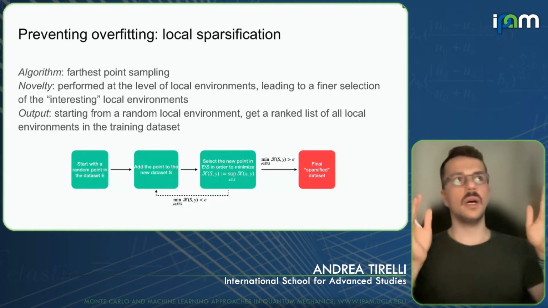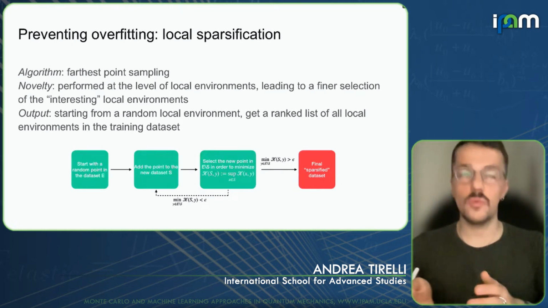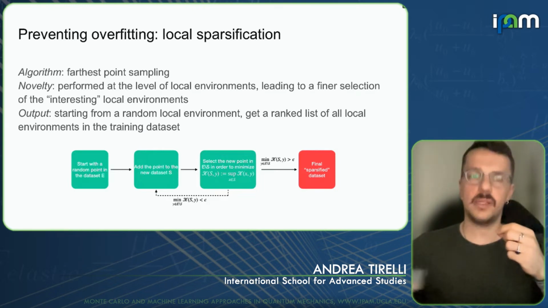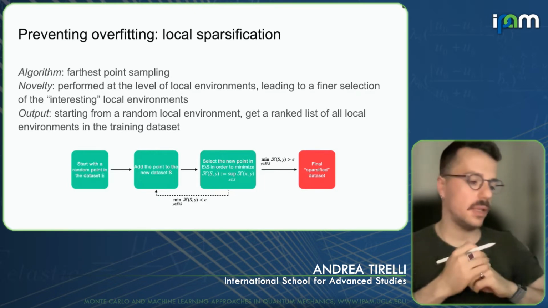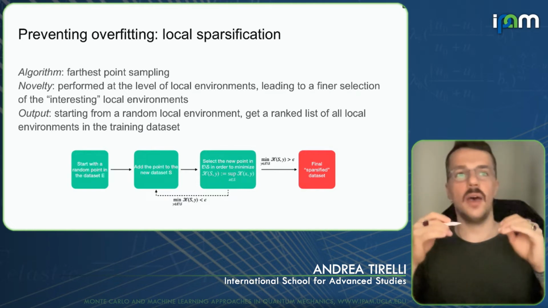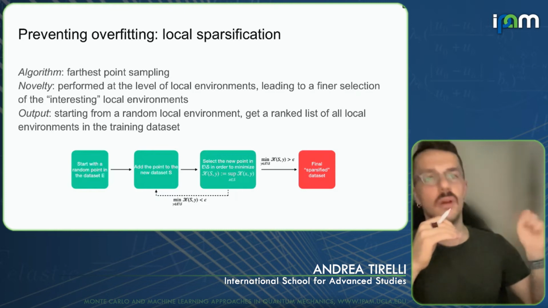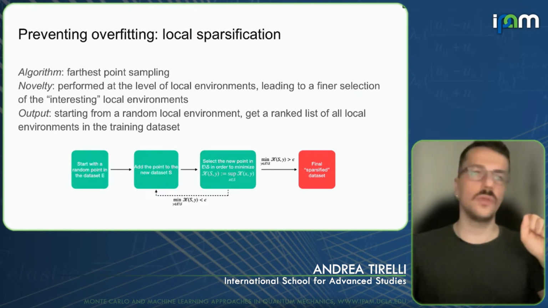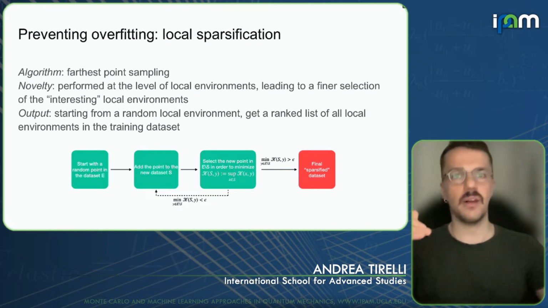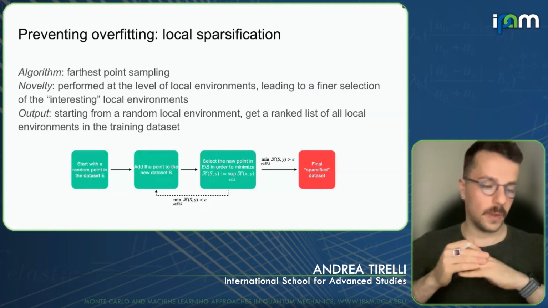So we don't preserve or throw away one single configuration, which in our case amounts to n local environments, if n is the number of atoms in the system. But we pick and choose the local environments, and we might choose one local environment from one configuration, two local environments from another. So we make our selection at a finer level, and this helps us quite a lot.